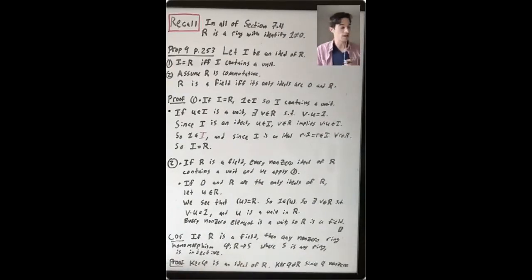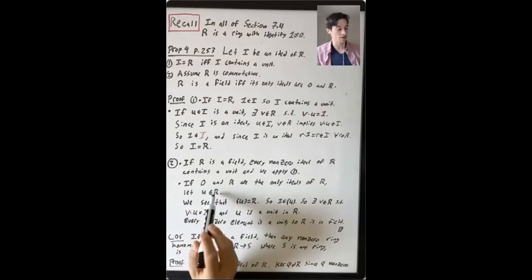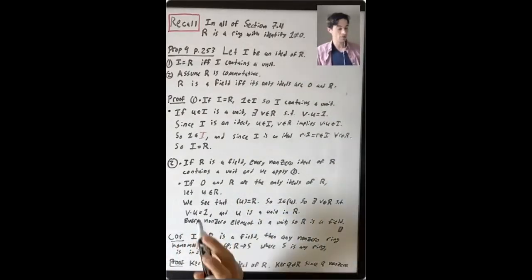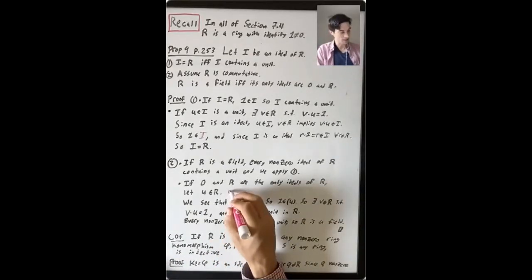All right, so the other direction, let's suppose that the only ideals of R are the trivial ideal and the whole ring R. And we want to show that R is a field. So we want to show that every non-zero element of R is a unit. Okay, so let's pick some element U in R. Let's say U is not equal to 0.